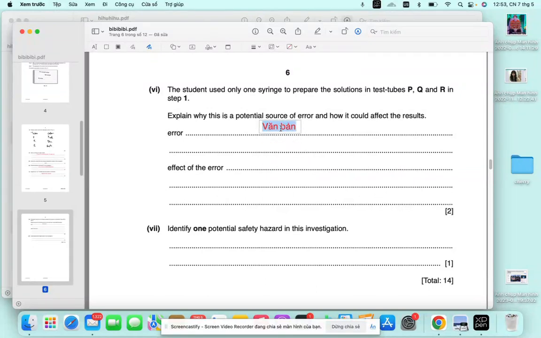By only using one syringe, the residue of solutions are mixed, so the effect on the error is that it could give inaccurate results.